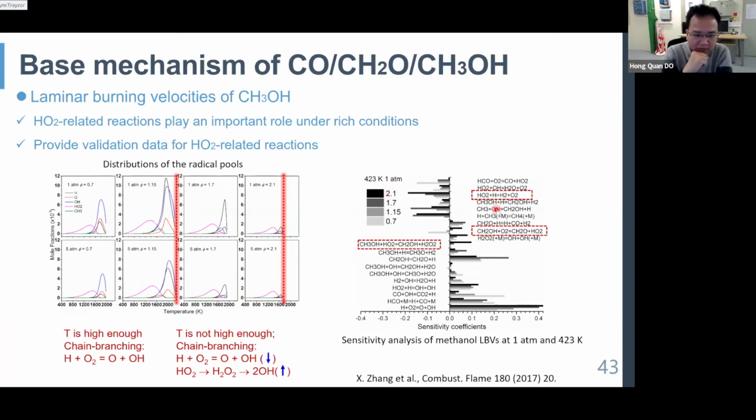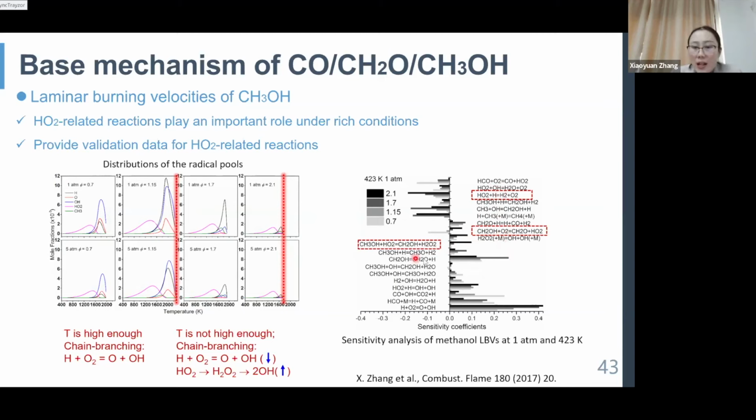Let's take one example, this one. The sensitivity results show that this reaction is more sensitive under ultra rich conditions compared with other conditions, and similarly this is another reaction, and this is another reaction.